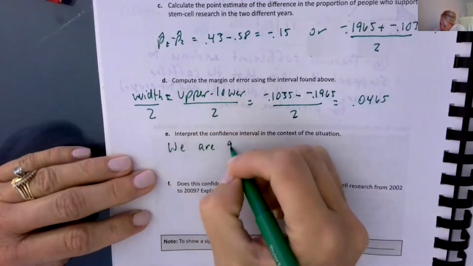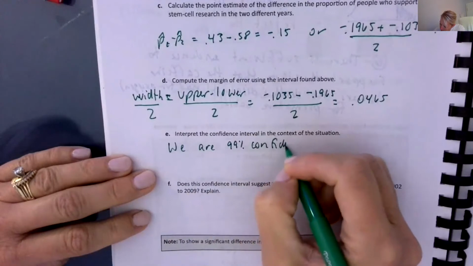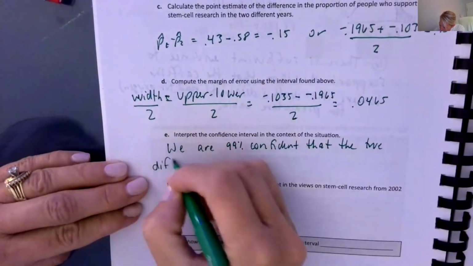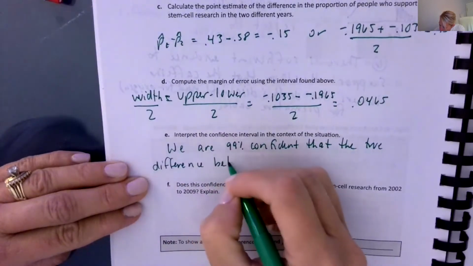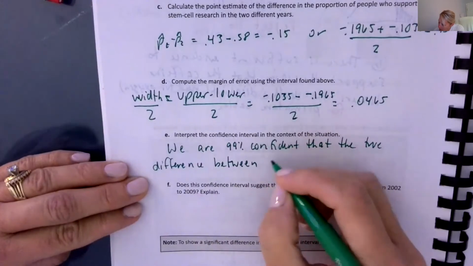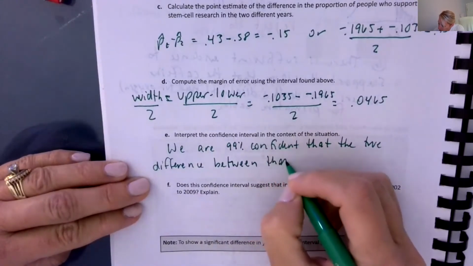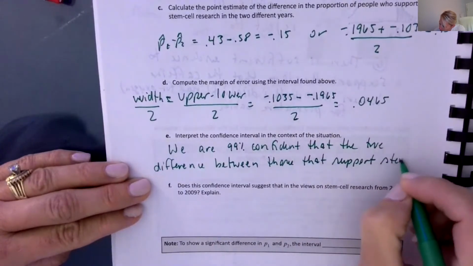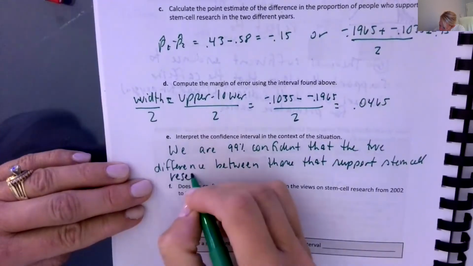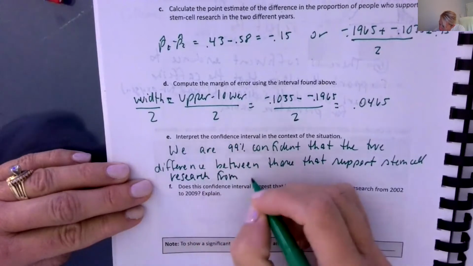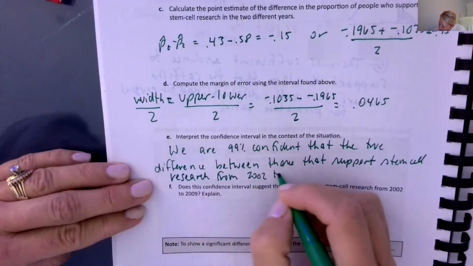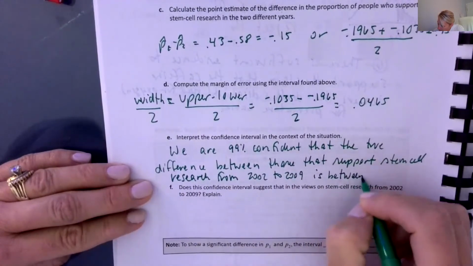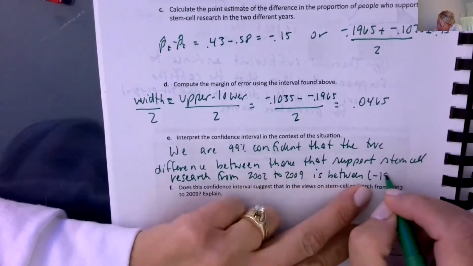We are 99% confident that the true difference between those that support stem cell research from 2002 to 2009 is between a negative 19.65.